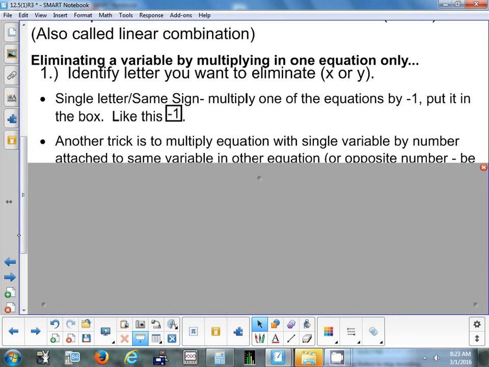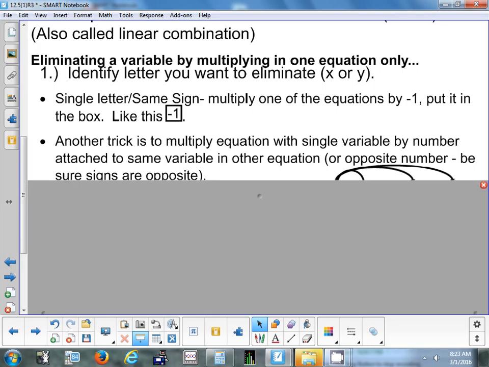Now, another trick is to multiply the equation with a single variable by a number attached to the same variable in the other equation. Once we go through the examples, you guys will see this. These are the only two situations you're going to get today.